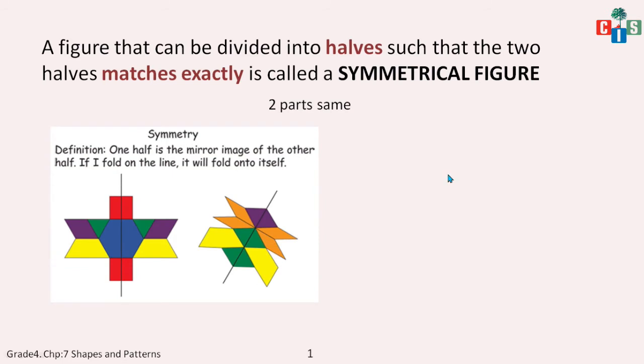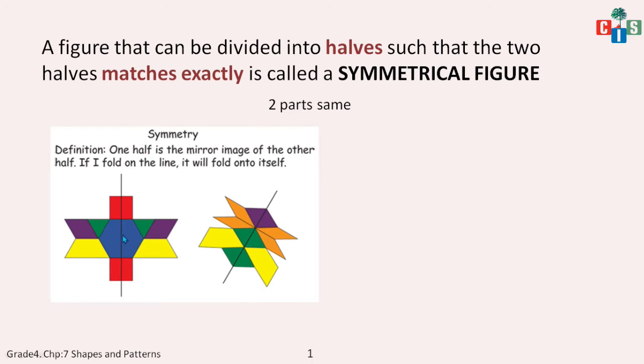Now what I have done is I have taken two figures and I have placed the mirror. I have placed the mirror in such a way, this vertical line, that half of the figure is covered, at the very half position.